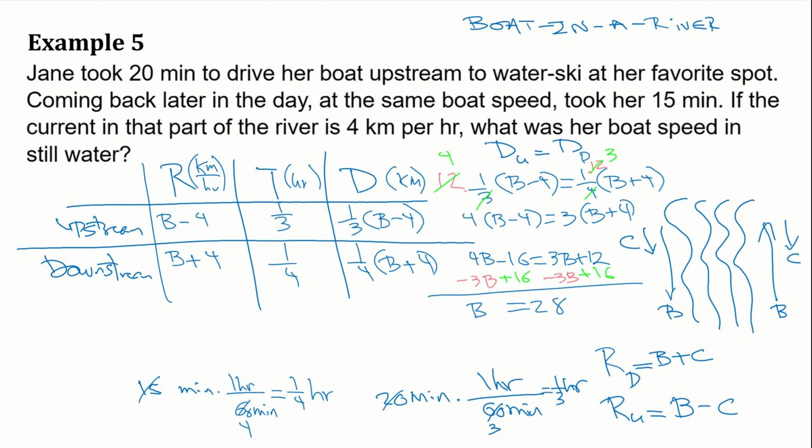Now we'll answer the question properly. What was her boat speed in still water? Remember, that was B. So again, simple, straightforward. So now we're going to answer 28 kilometers per hour, like so. Make sure your final answer always has the proper units.